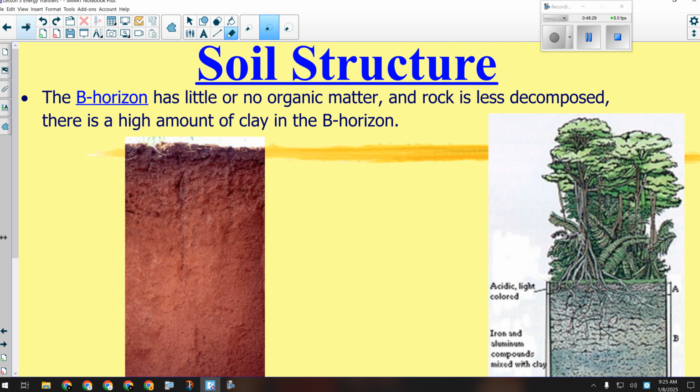So this soil right here, there's the A horizon right there, and the B horizon basically goes all the way to the bottom of the picture. Would that be a very good soil to grow things in? Not for agriculture, but believe it or not, that's a tropical rainforest soil. In the tropical rainforest, there's almost no topsoil because it's always flooded, it always gets washed away, but clay can cement itself into one place.